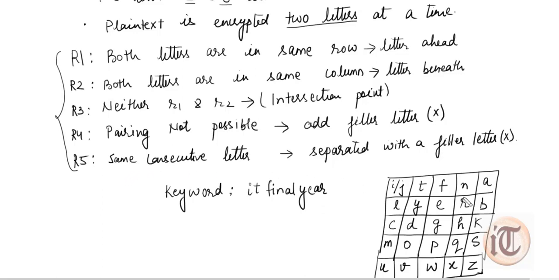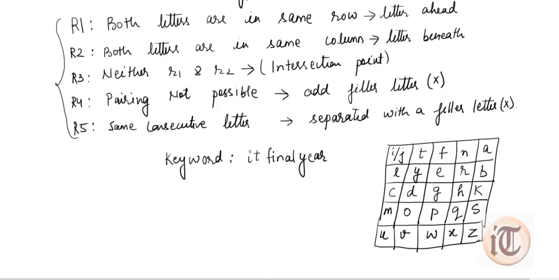With the help of this matrix, check one rule at a time. Rule 1, R1, says that if both letters are in the same row, then we take the letter ahead of each letter. Suppose according to rule 1 the plain text is the letters F and N. We always have to consider two letters at a time.